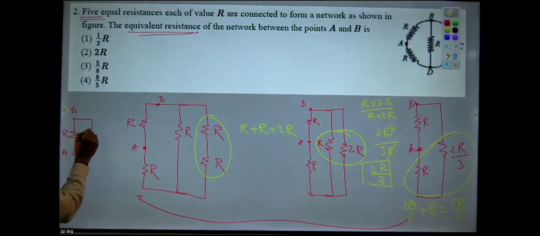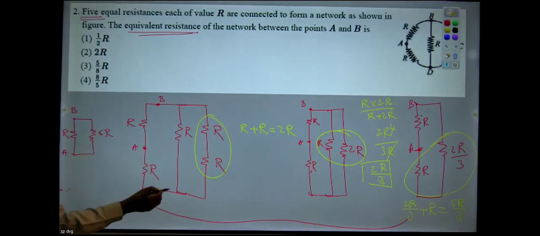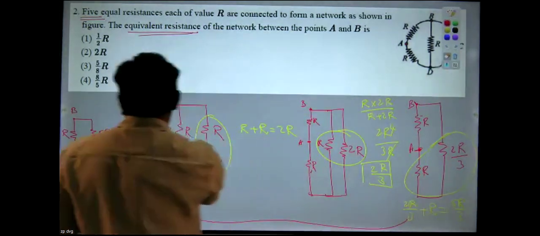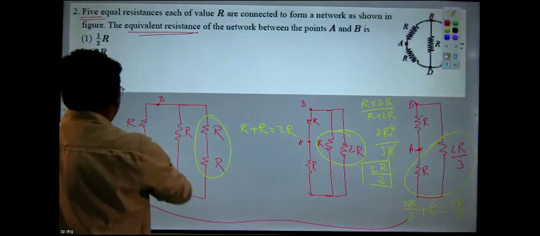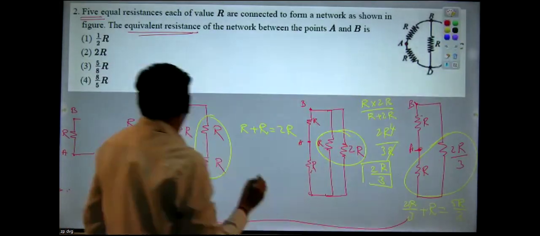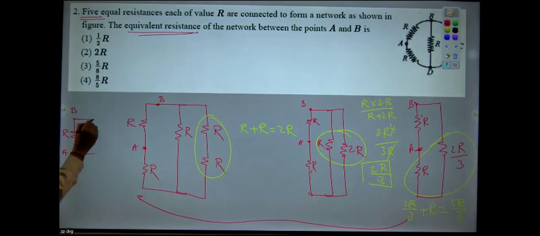So let me add here a resistance which is 5R by 3. This is 5R by 3. Now look at this diagram. 5R by 3 and this R, these two are in parallel combination.